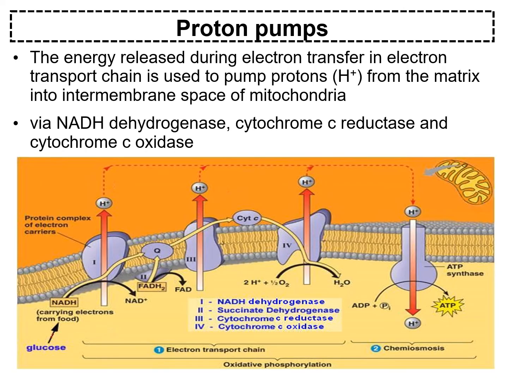Okay, proton pumps. The energy released during electron transfer in electron transport chain is used to pump the protons from the matrix into the intermembrane space of mitochondria. So the pumping of the proton increases the concentration of hydrogen ion in the intermembrane space.